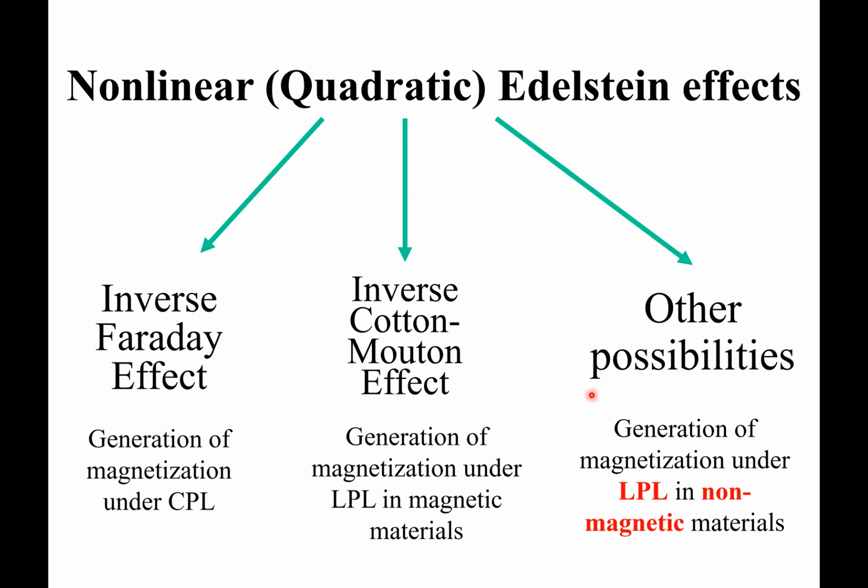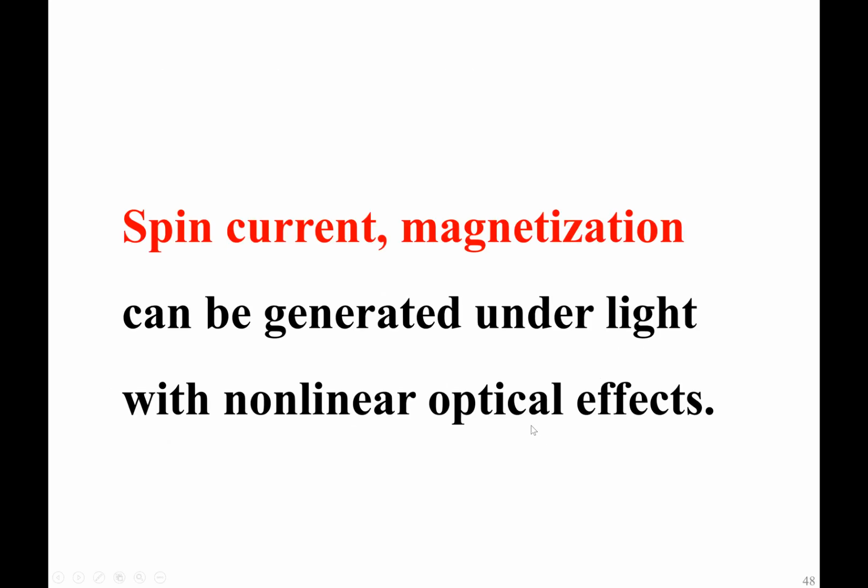But what we predict is that you will have, even in a non-magnetic material and under linearly polarized light, you are going to generate magnetic structure globally as well as locally. And this could be used for memory applications. So this so-called bulk spin photovoltaic and the static magnetization can be generated as a quadratic optical response.